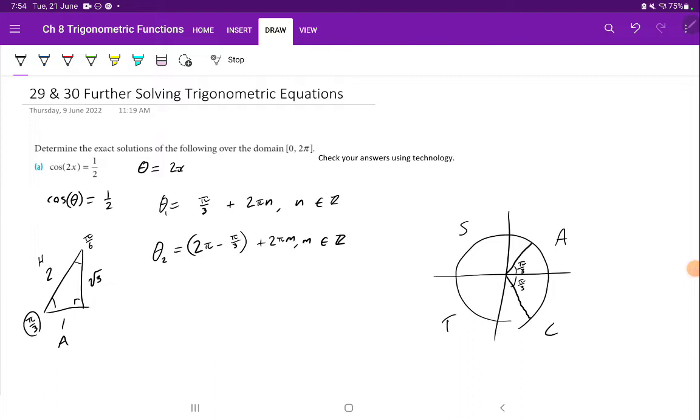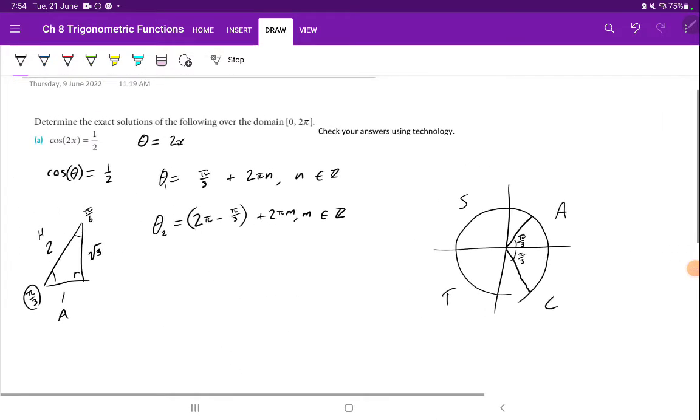So these are our two families. 2 pi minus pi on 3, the parentheses here are just for working out this angle going to here. And so it's going to be 5 pi on 3. Those are our two basic solutions.